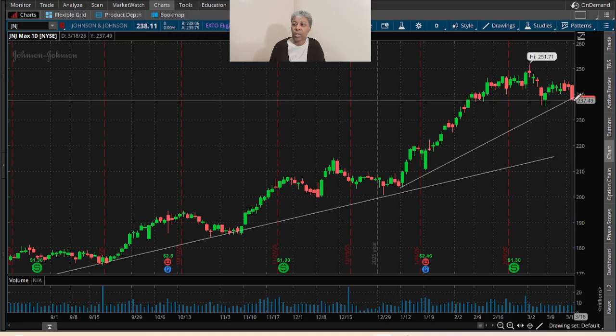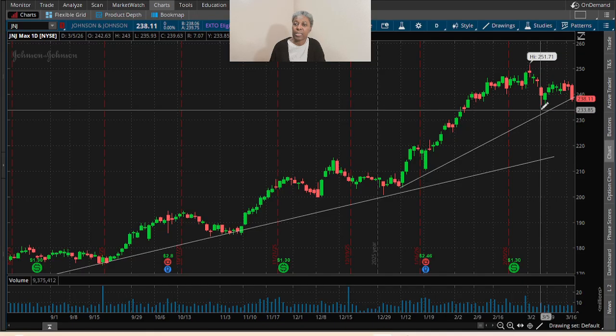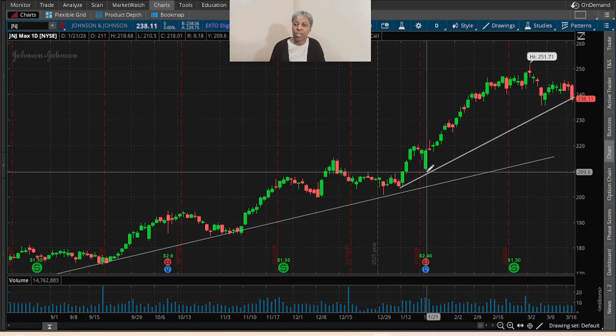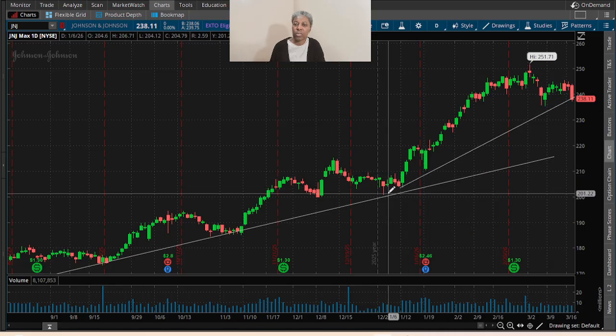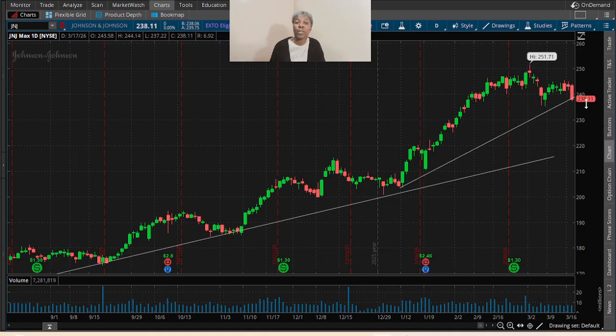This low is higher. Is it? Yeah, it's higher than this one, which is higher than this one, which is higher than this one, which is higher than this one. So we have a supporting line here that it is pulling back to, but we are not going to do anything here.